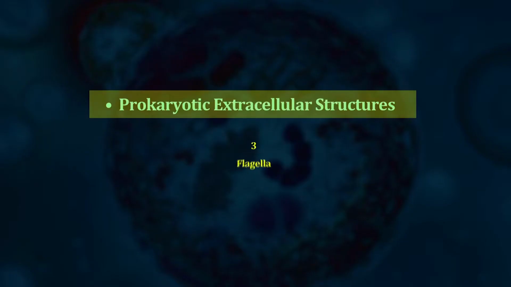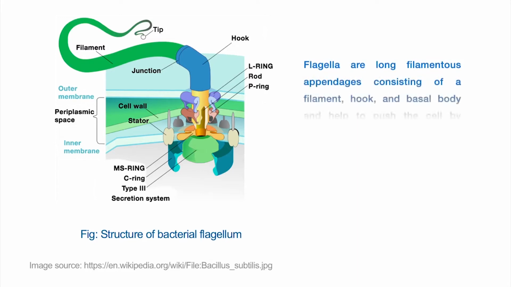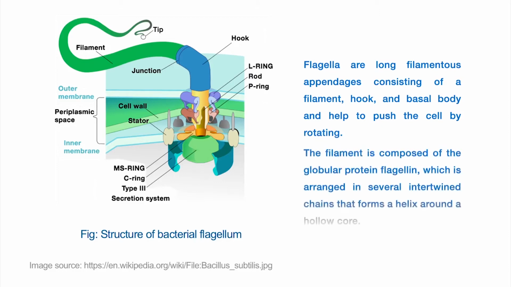The next structure is the flagella. Flagella are long filamentous appendages consisting of a filament, hook and basal body, and help to push the cell by rotating. The filament is composed of the globular protein flagellin, which is arranged in several intertwined chains that form a thick helix around a hollow core.